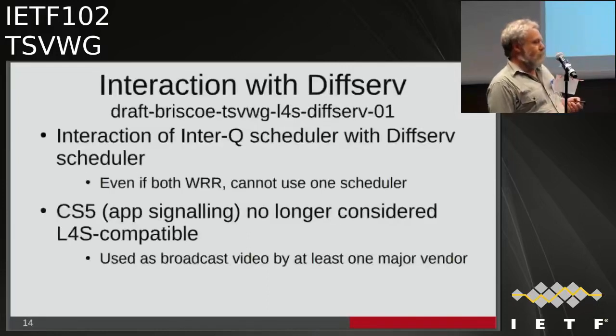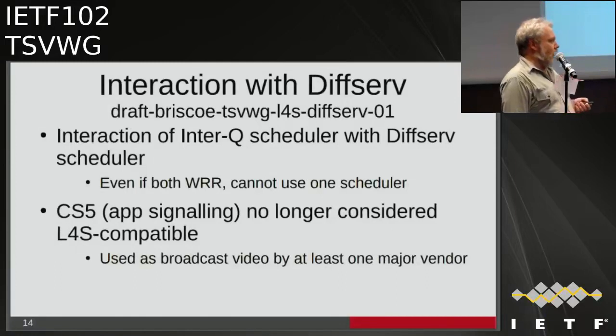simply that we've updated the diffserv draft, and the main purpose of this draft was to introduce the idea of using expedited forwarding in the dual queue as well as the ECN for what you might call non-queue building traffic that is not responsive, things like DNS or game sync packets, stuff like that.